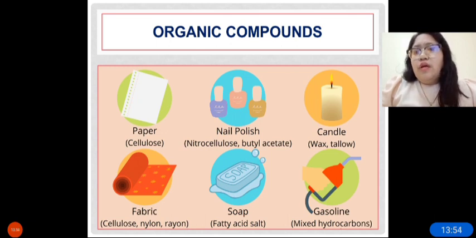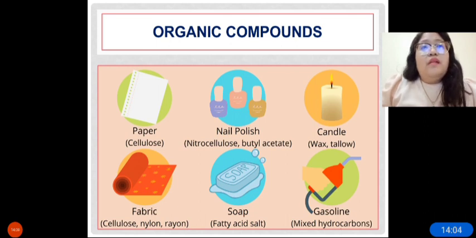Soap is actually a fatty acid salt. Okay, so soap can help clean our skin, right? It cleans by allowing water to mix with oil and dirt so they can be rinsed away. And then we also have the last one, gasoline. It is a mixture of hydrocarbons, and these are also considered organic compounds that can be burned to power engines.